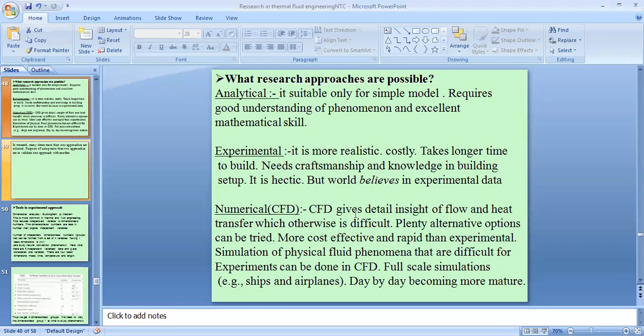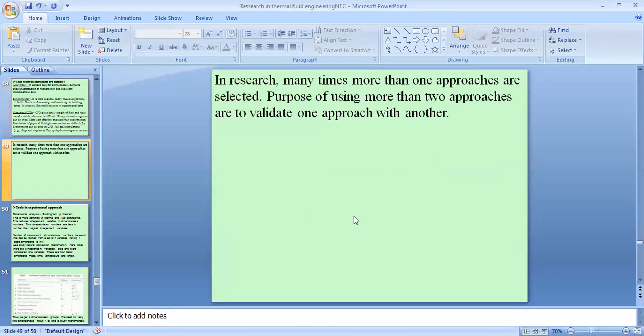When we do numerical analysis, it is a little difficult to publish papers as compared to experimental. As science and engineering are advancing, we should not limit ourselves to a single approach.